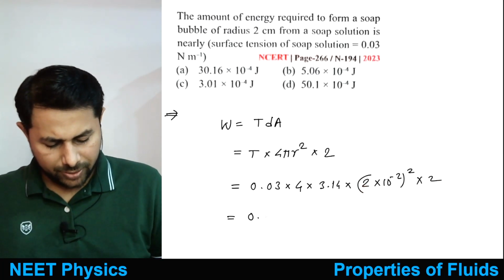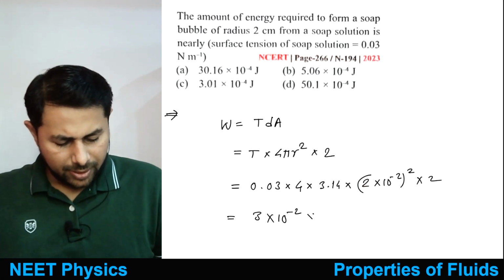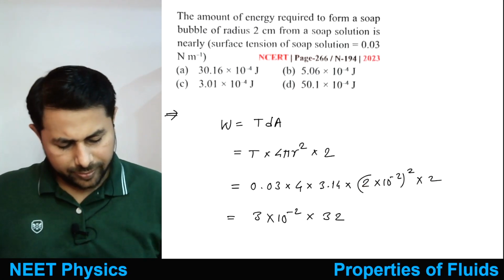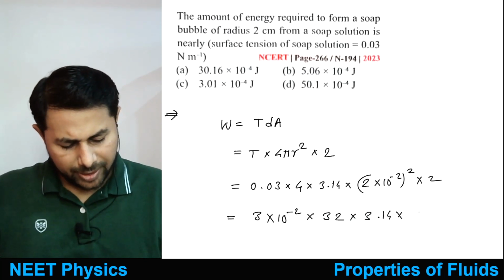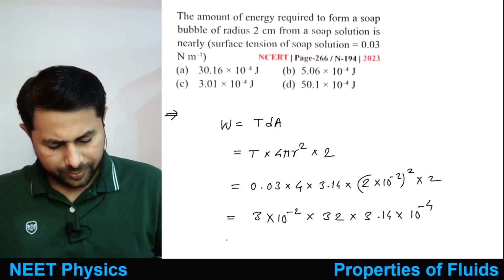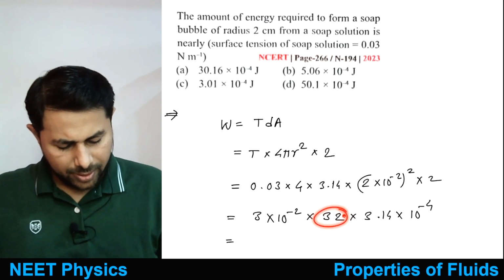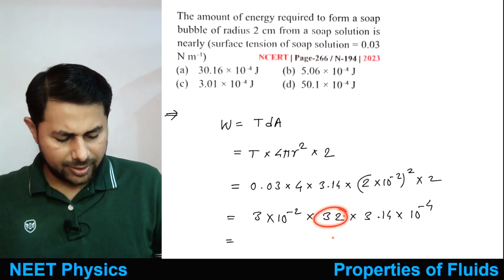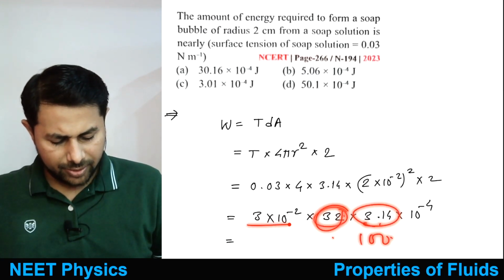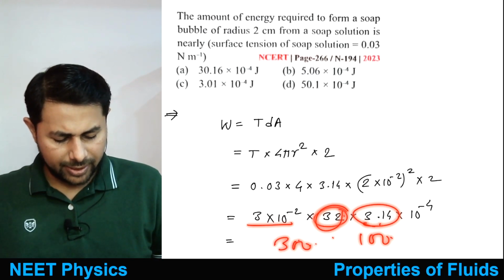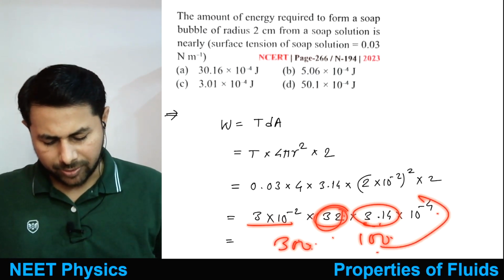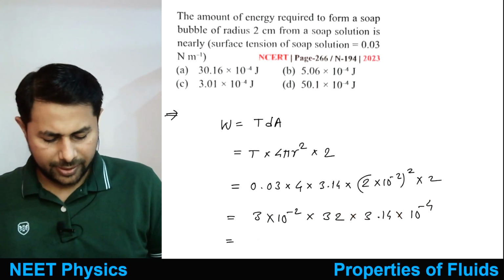So 0.03 is 3 into 10 raised to minus 2 times 32, times 3.14, multiplied by 10 raised to minus 4. 32 times 3.14 is nearly 100. 100 times 3 into 10 raised to minus 2 is 3, so 3 times 10 raised to minus 4. It's option C, correct.